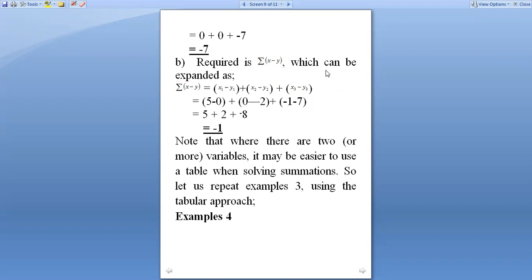Those are the corresponding. As I told you, y1 goes with x1, x2 goes with y2, like that. So as you see now in brackets, we substituted, then we took the differences. So when you subtract 0 from 5, you get 5 according to your calculator.